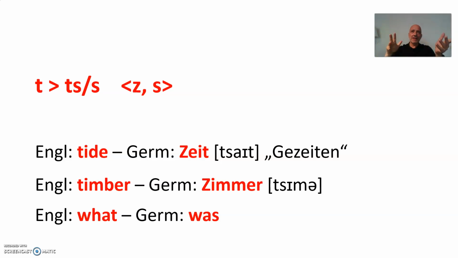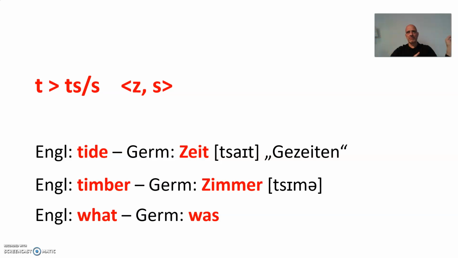Spelled usually z or s. We have the first one, tide in English, German Zeit, which we still have in German, Gezeiten. English timber, German Zimmer. There you see T in English, Z in German.